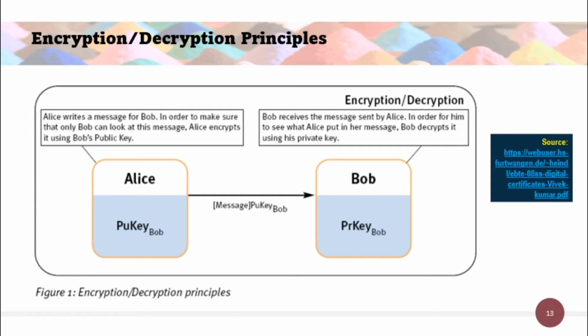In order for him to see Alice's message, Bob uses his private key. Messages are sent by Alice using Bob's public key. Then Bob decrypts the message using his private key. This is the process.